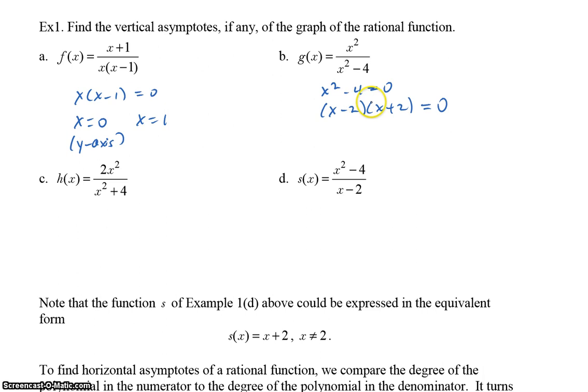It's a difference of squares. Set each factor to 0 and solve for x. x equals 2 or x equals negative 2. Since neither of these values of x will cause the numerator to simultaneously be 0, we can assume that these are the equations of two vertical asymptotes of the graph of g.